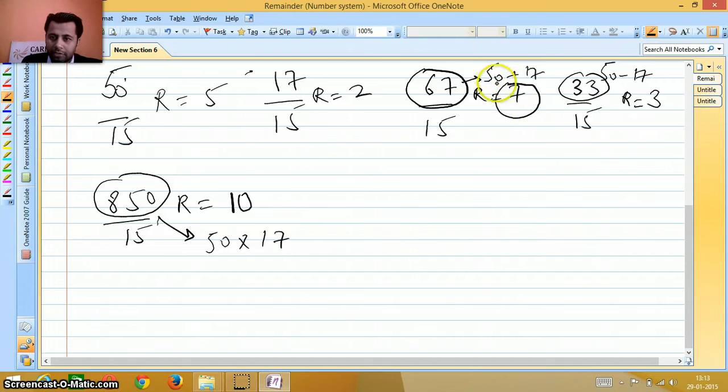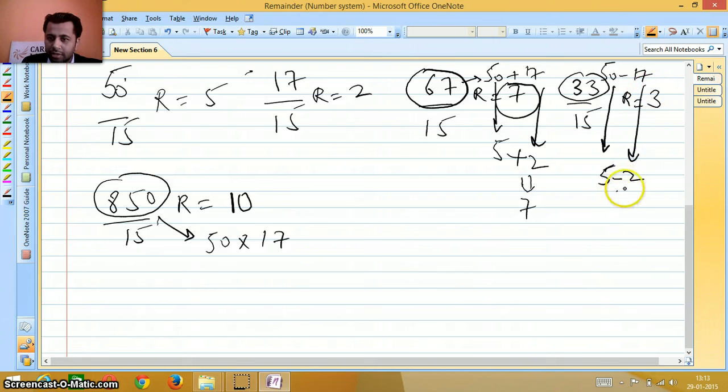It comes from remainder 5 for 50 and remainder 2 for 17. So 5 plus 2 gives us 7. Same goes here. Remainder for 50 would be 5. Remainder for 17 was 2. 5 minus 2 gives us 3. And same goes here. 5 into 2 gives us 10.